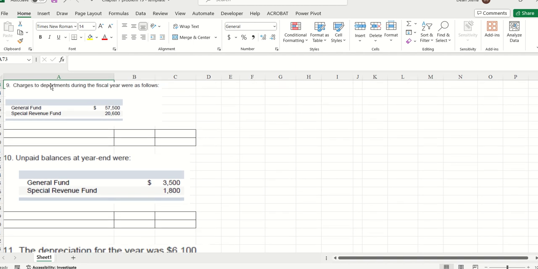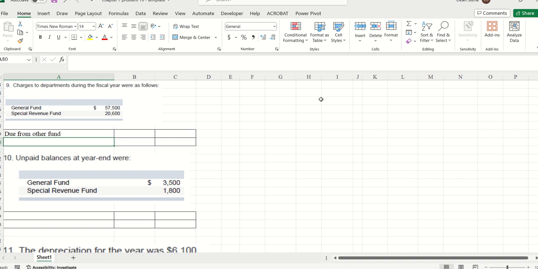So charges to departments during the fiscal year were as follows. So the general fund owes the IT fund $57,500. Special revenue fund owes them $2,600. So we're going to hit due from other funds. Okay, so you can think of that as like an accounts receivable.